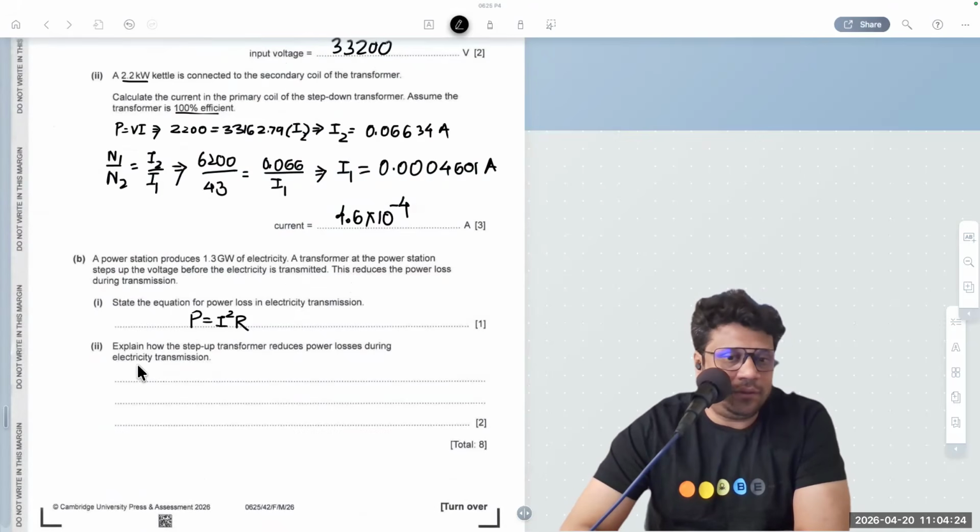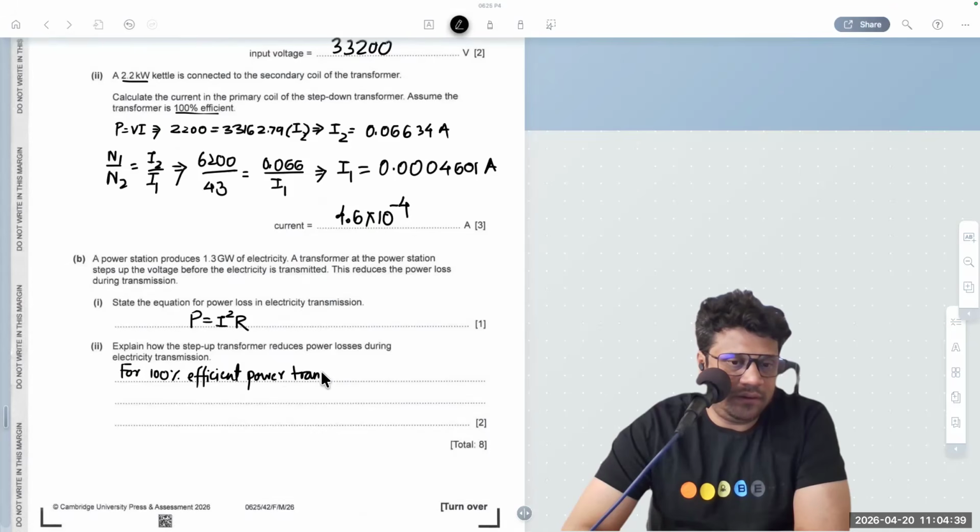See, standard answer for 100% efficient power transfer, V1 I1 equals V2 I2.